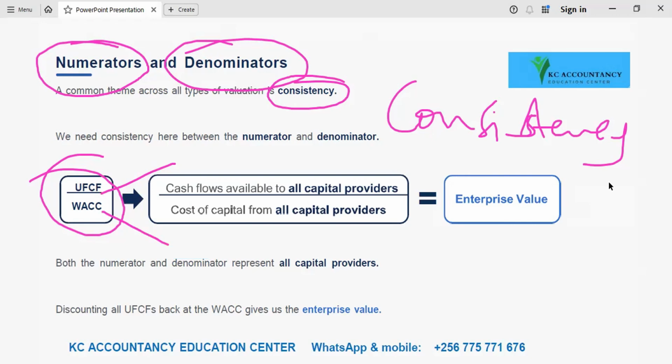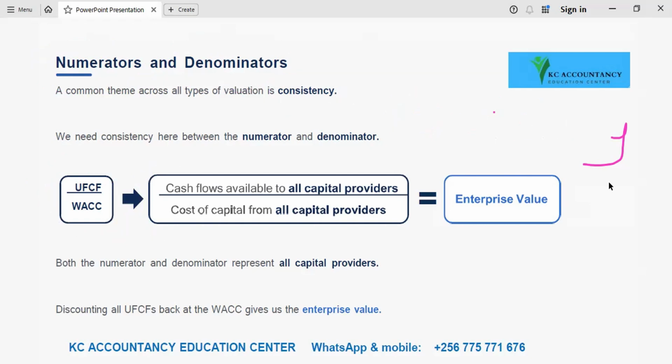To refresh our memory, we have the unlevered free cash flows on top as the numerator, and we also have the weighted average cost of capital at the bottom as our denominator.